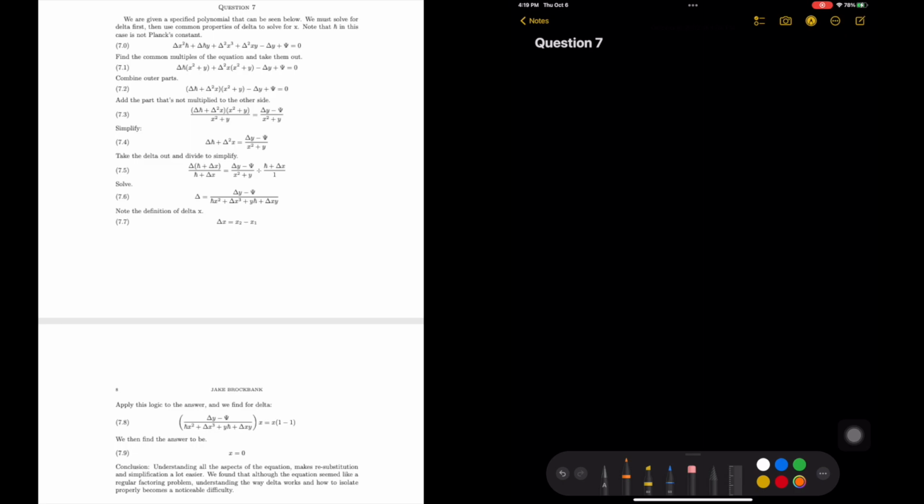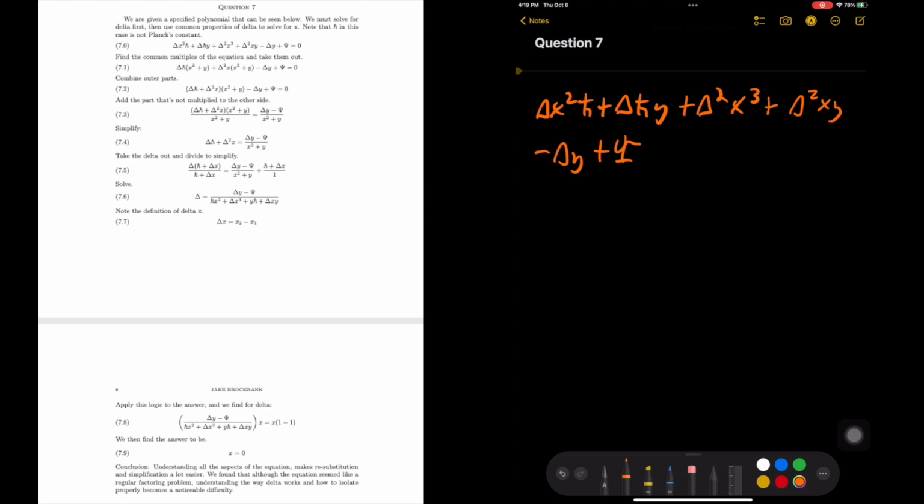So writing it out, we have delta x squared h bar plus delta h bar y, and then plus delta squared x cubed plus delta squared xy minus delta y plus capital psi is equal to 0.